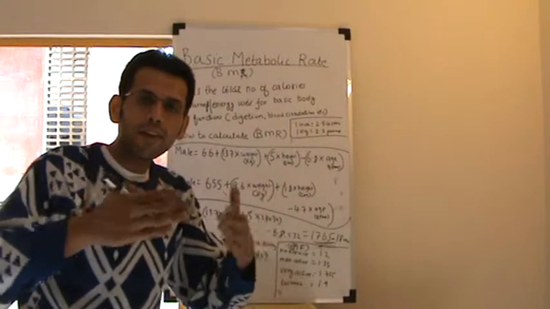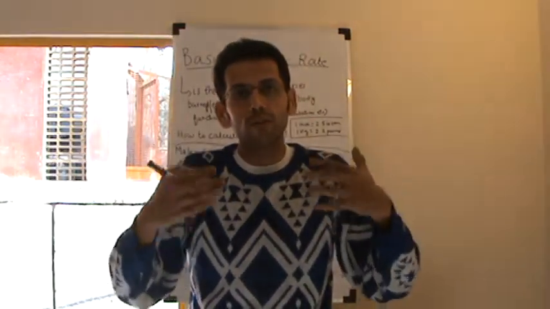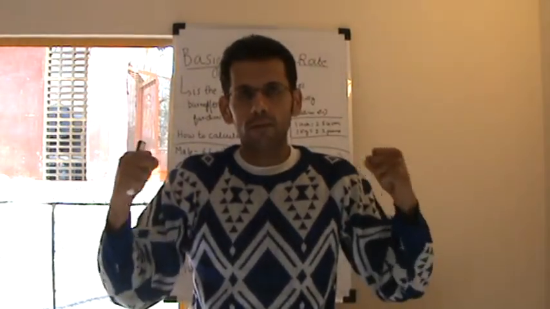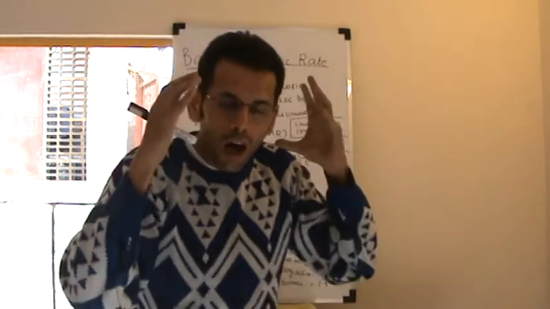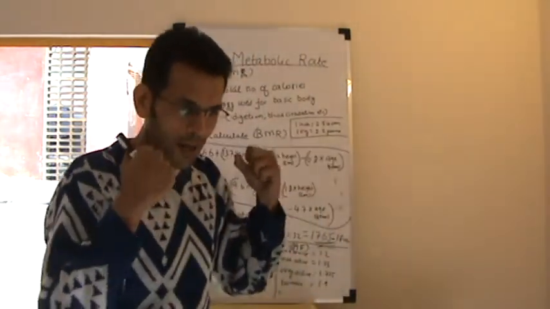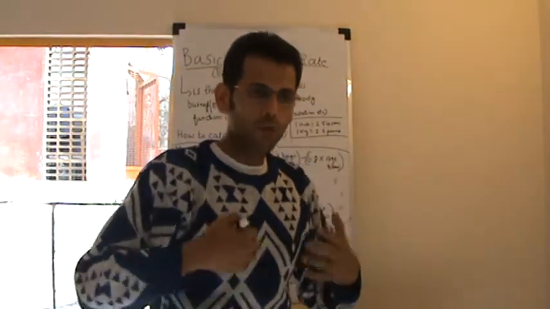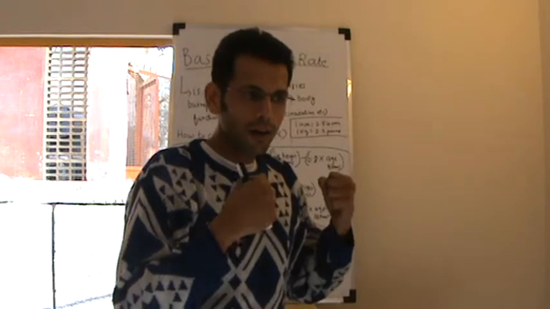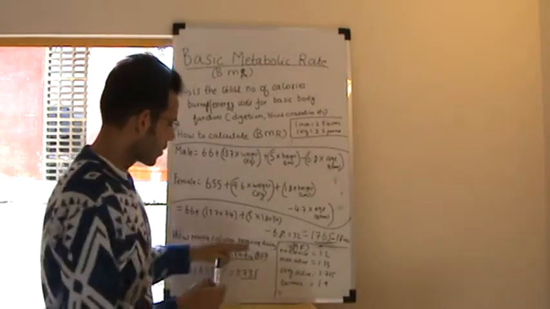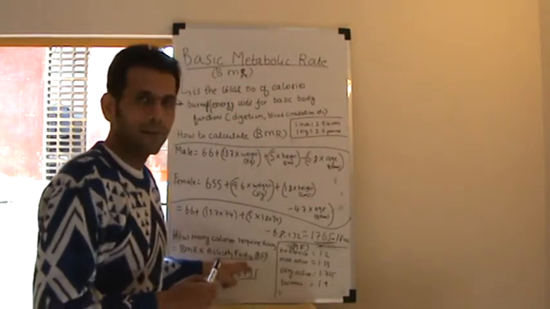So you can very easily calculate the total number of calories you require daily to maintain your weight, which will maintain your BMR and also help you maintain your activity. So the calories required daily is your BMR into the activity factor.